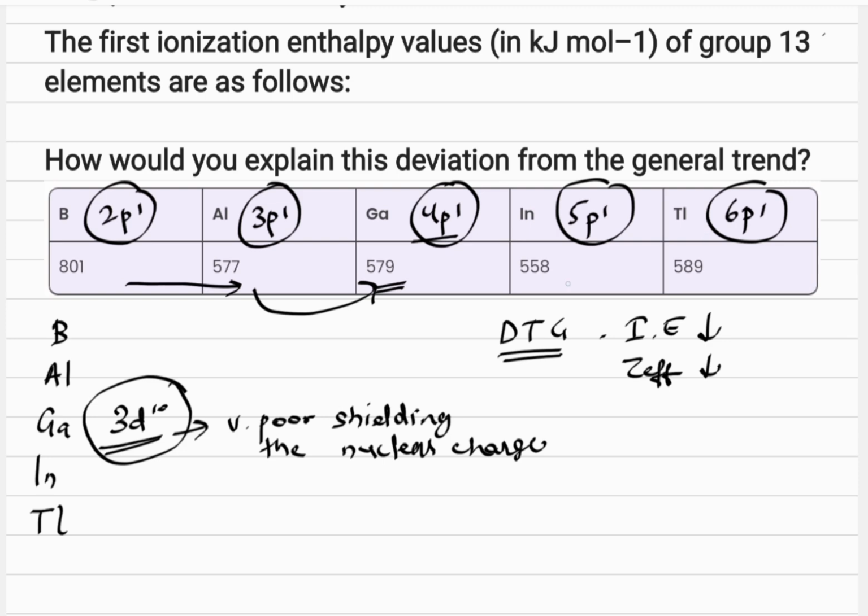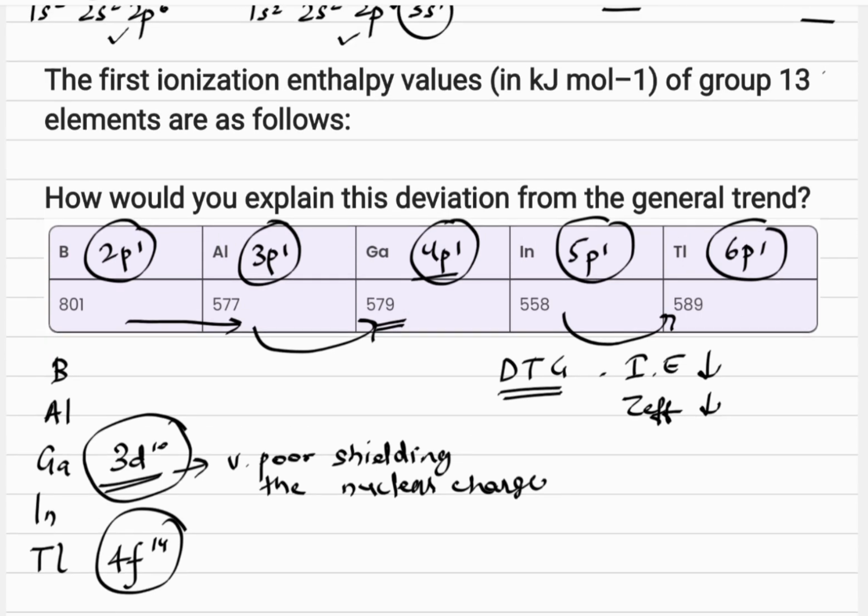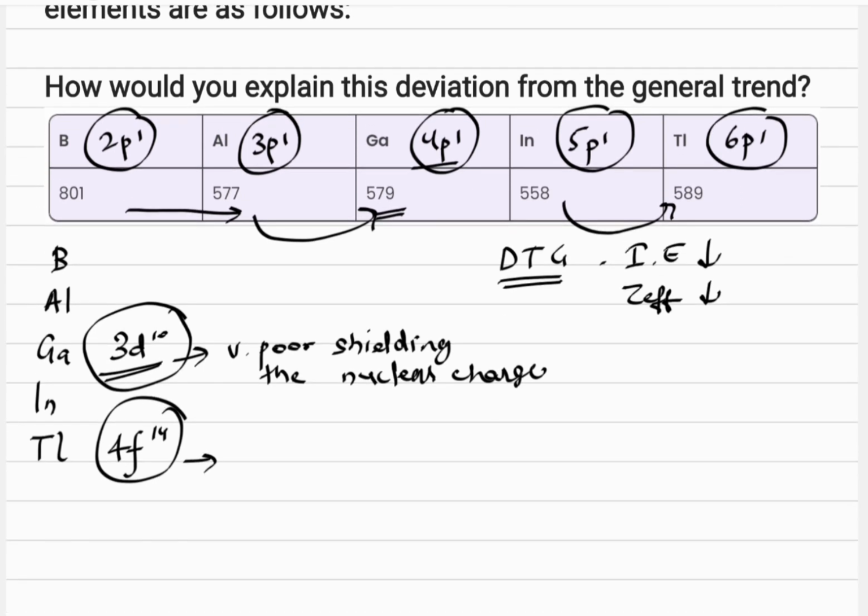Going from indium to thallium, there is again an increase, and that increase is attributed to inclusion of 14 4f electrons in thallium, which are even worse in shielding, again very, very poor shielding of the nuclear charge.